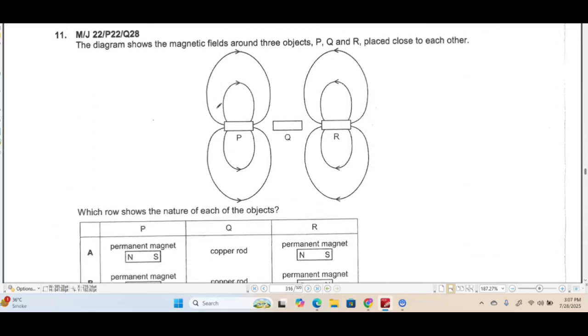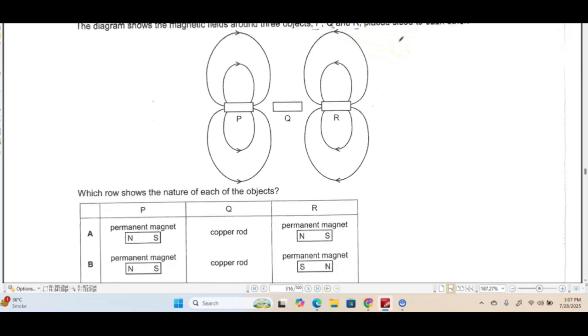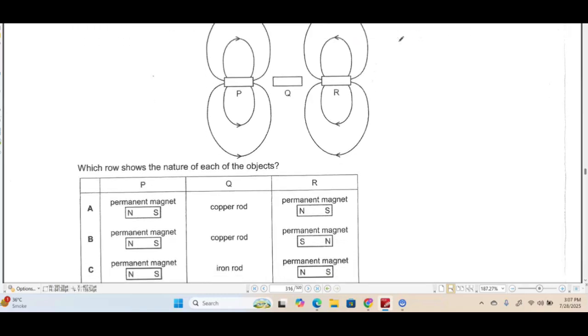Question number 11. The diagram shows the magnetic field around three objects P, Q, R placed close to each other. Which row shows the nature of each of the objects? This is P, this is R, and this is Q. P is a permanent magnet, obviously, and R is a permanent magnet as well, and this is something that's lying in between them.